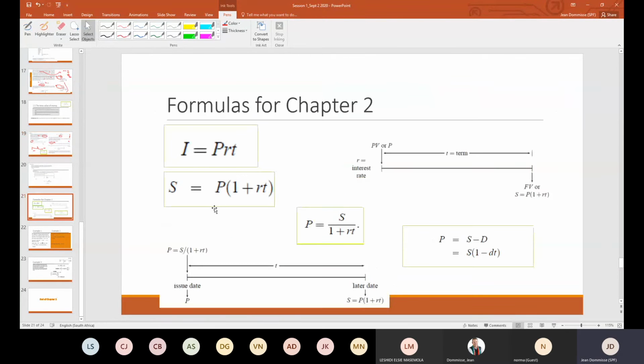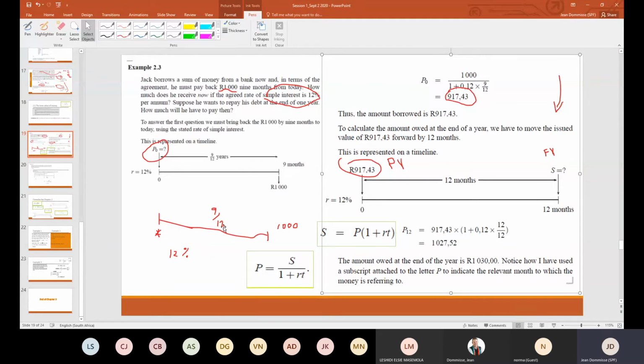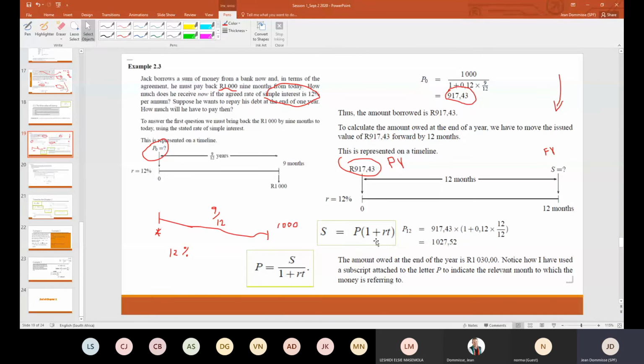So then again, I would go to my formula page. I would need to work out the S, the future value. So let's just look at what is in that formula. And we'll make it a bit smaller, so that we can just slot it in here. So if I want to know in the 12 months, what will be that amount? It is the present value of the 917 that we've calculated.